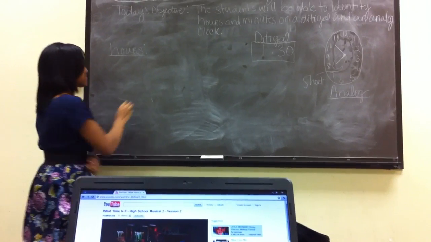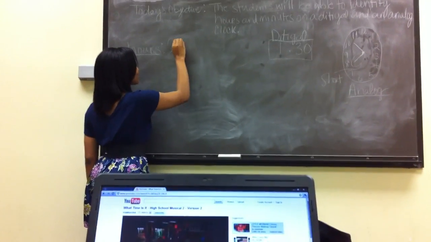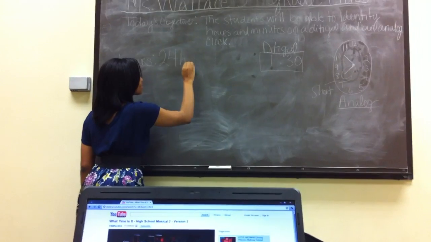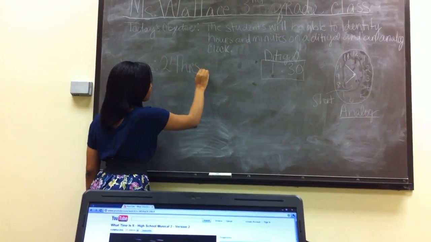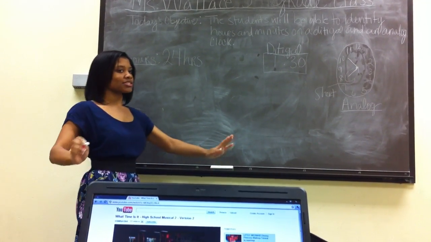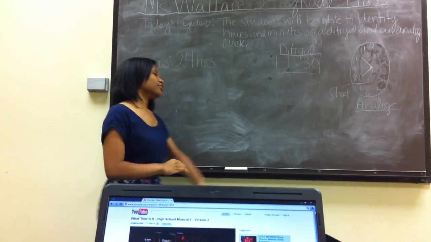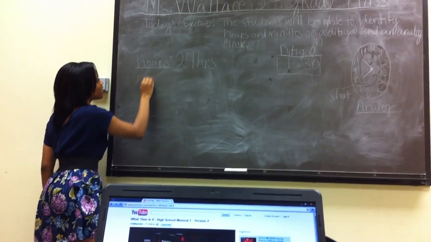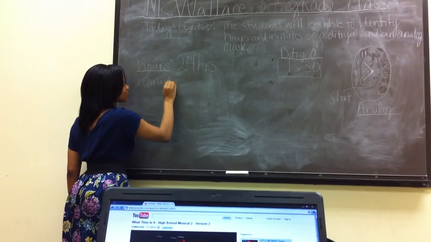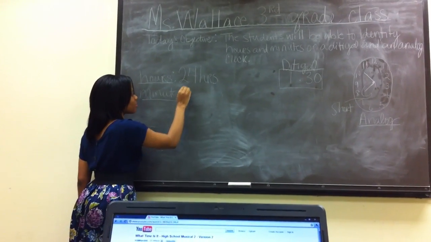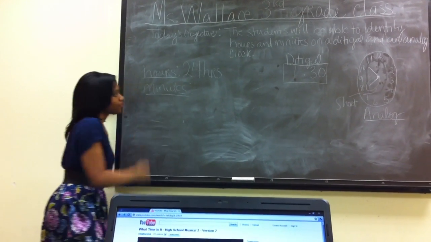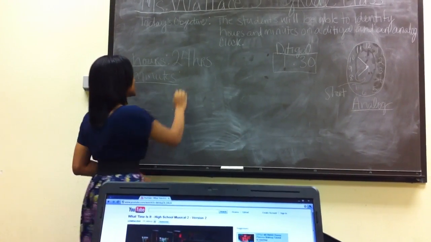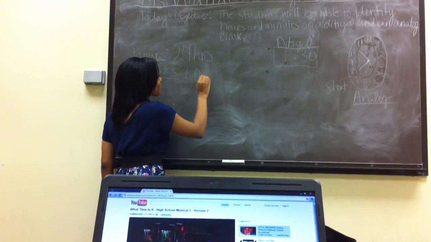Oh, 24 hours in a day. We have 24 hours in a day. But for at least 8 of them we're sleeping. How many minutes do we have in an hour? 59. No, we don't have 59. 60. Yes, we have 60 minutes in an hour.